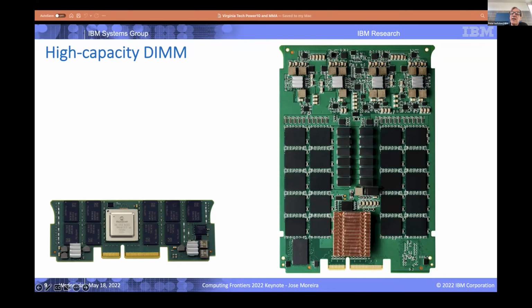And this, for those of you who are familiar with CXL, the follow on to PCIe, and the CXL attached memory, they're following, I think, this approach, with form factors for memory that look somewhat similar to this.